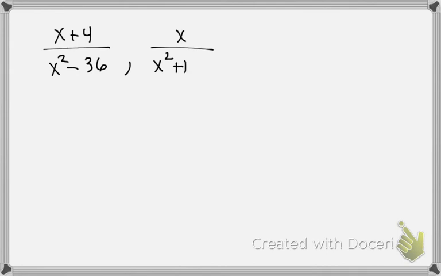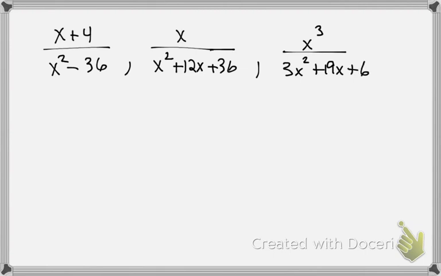What if I give you x plus 4 over x squared minus 36, x over x squared plus 12x plus 36, and then x cubed over 3x squared plus 19x plus 6.